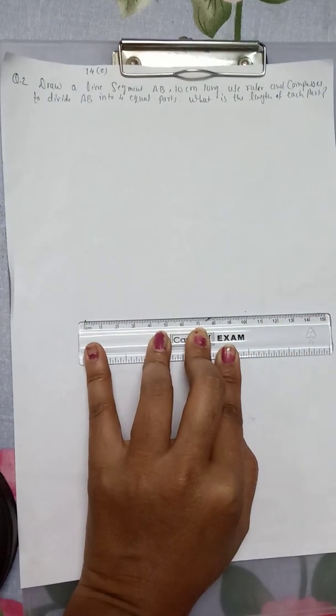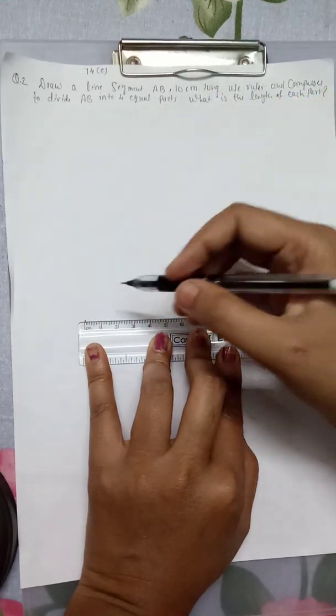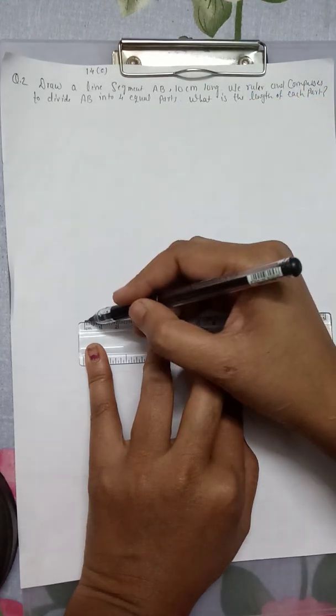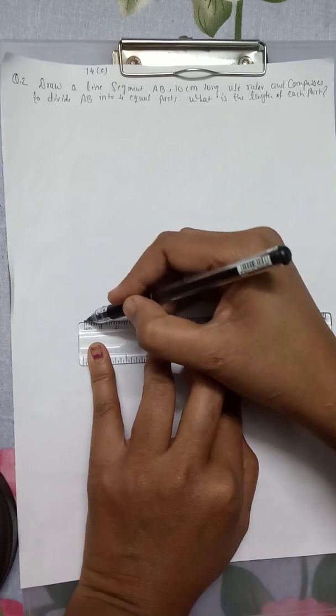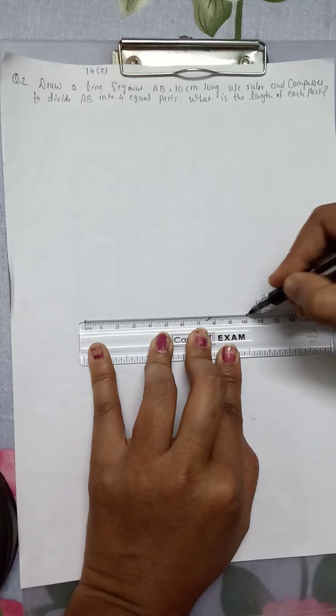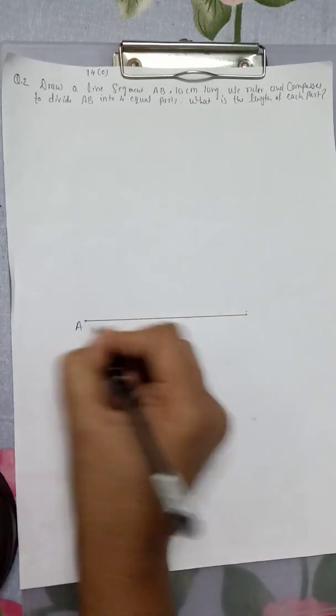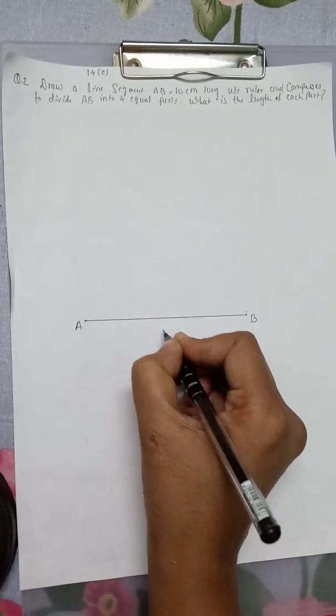So first I have to draw a 10 centimeter line segment. I will draw it from here. See the point, from here. Where is 10? Here. So I have drawn a 10 centimeter line segment, and I give it the name AB, 10 centimeter.